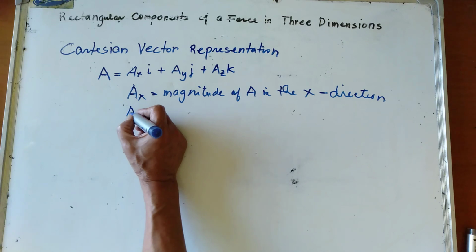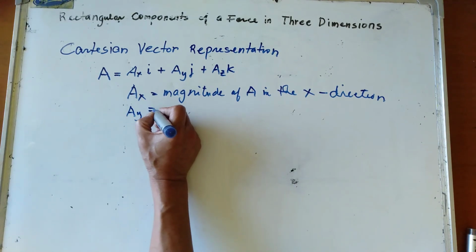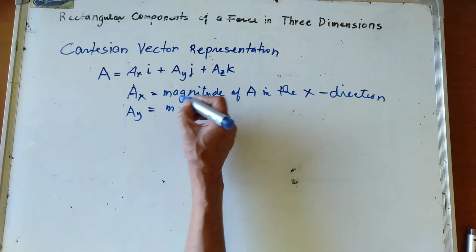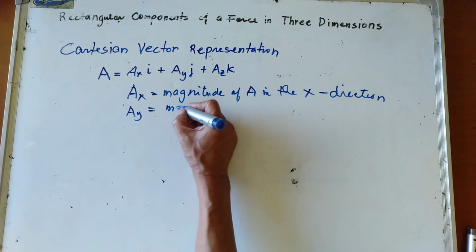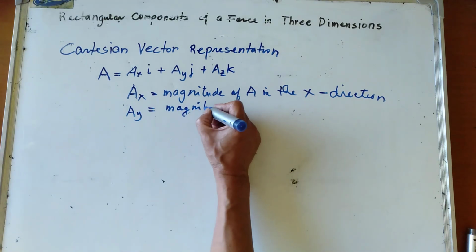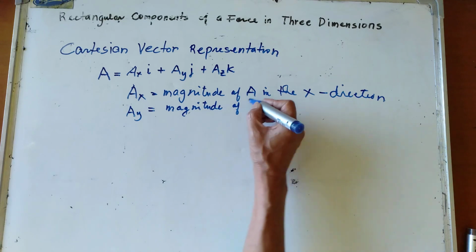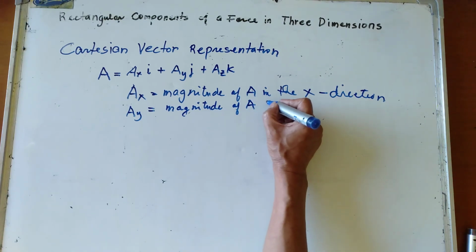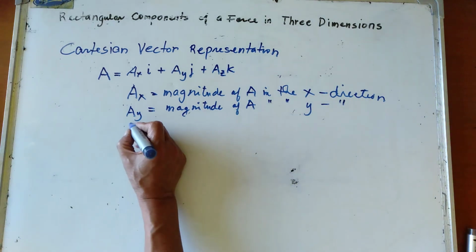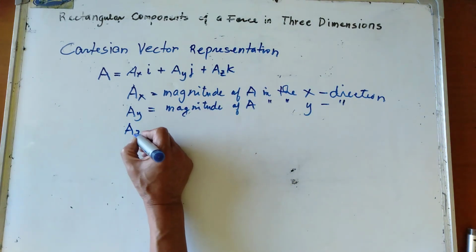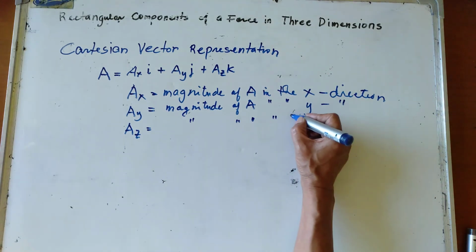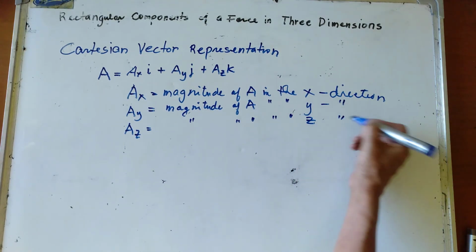AY is the magnitude of the component of the vector A in the y direction. And AZ is the magnitude of the component of the vector A in the z direction.